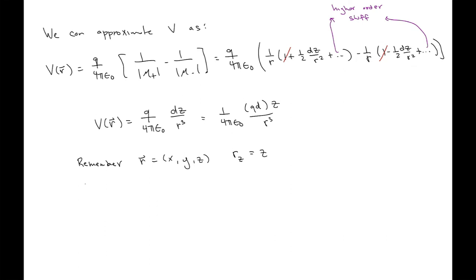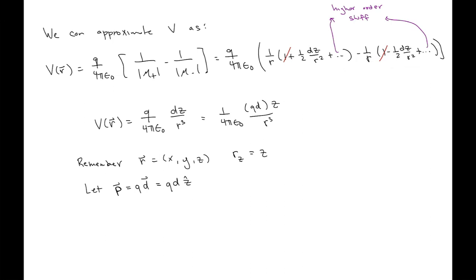So that means that, in this particular case, the way that I have my axes set up, I can let the dipole moment, which is q times that vector d, be rewritten as q times the magnitude of the vector d times z hat.